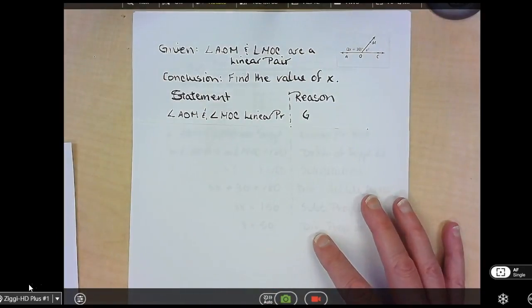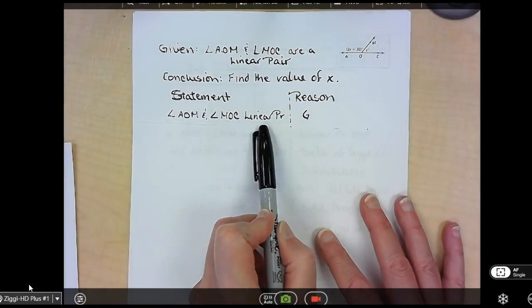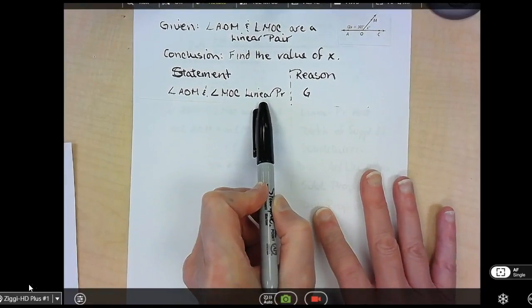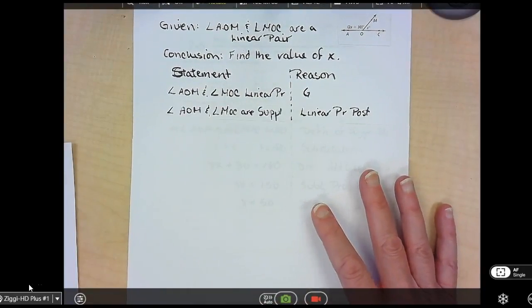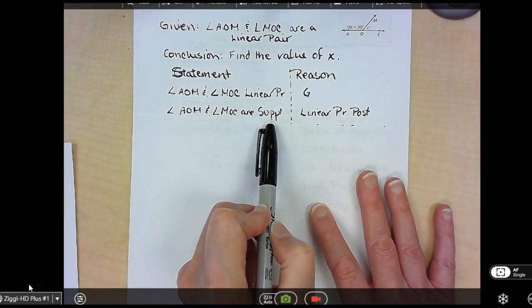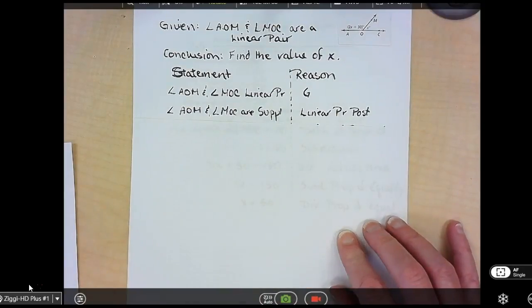So knowing that, I can go, okay, I have the definition of linear pair that was given to me earlier, and a linear pair says that the two angles, AOM and MOC, are supplementary by the linear pair postulate.